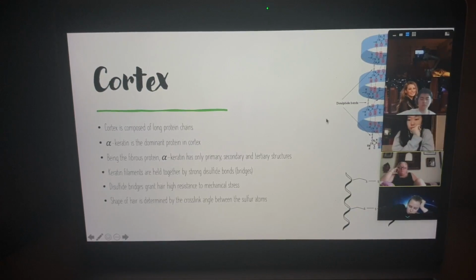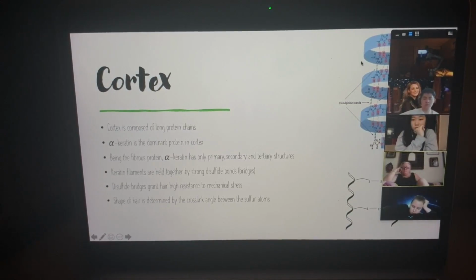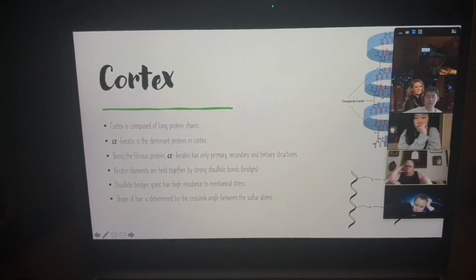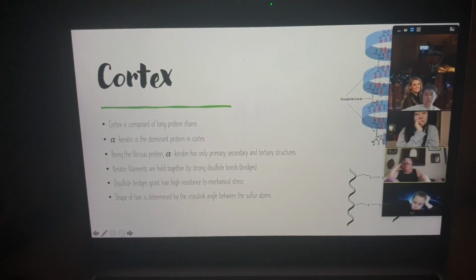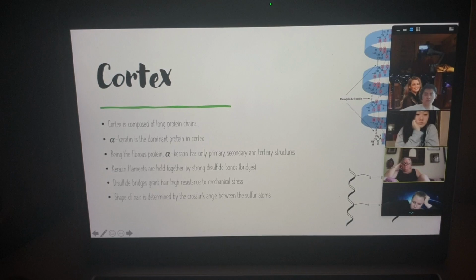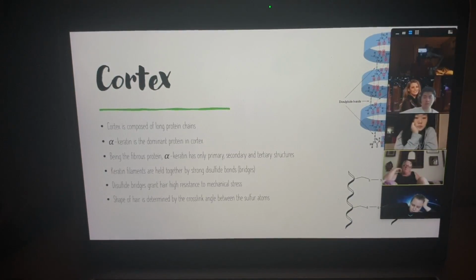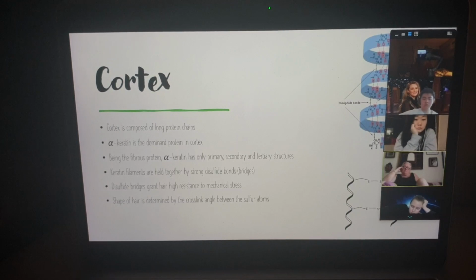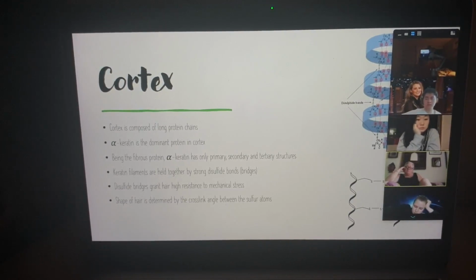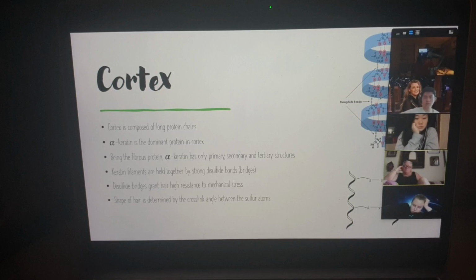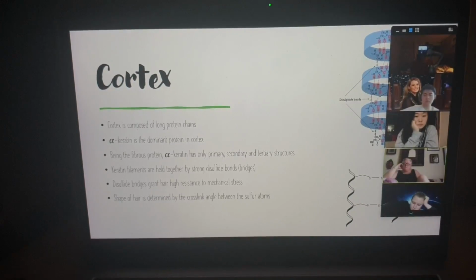As you can see, the cortex is made out of long protein chains. The dominant protein in the cortex is alpha keratin. It's a fibrous protein that has only primary, secondary, and tertiary structures, and no quaternary structures are used here.